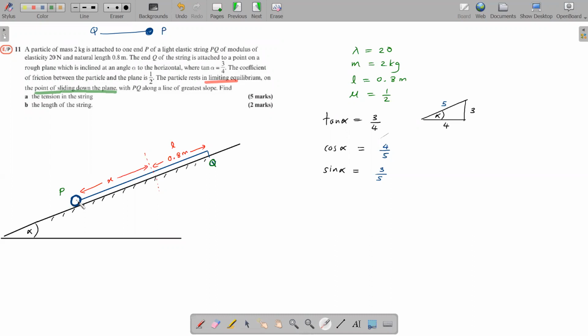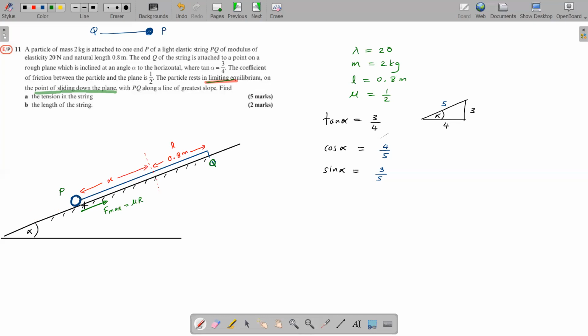So if it's on the point of going down the plane, your friction will be acting upwards. And because it's in limiting equilibrium, you have the maximum friction, which means mu R friction.